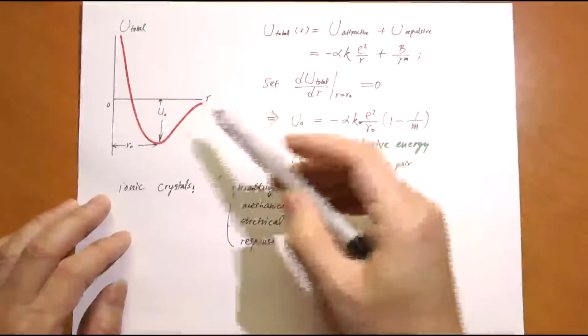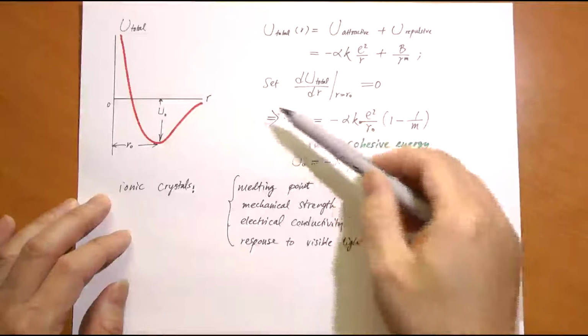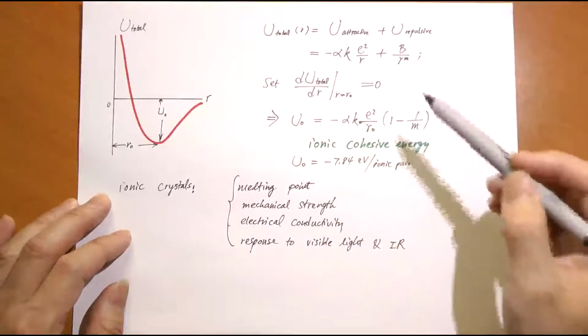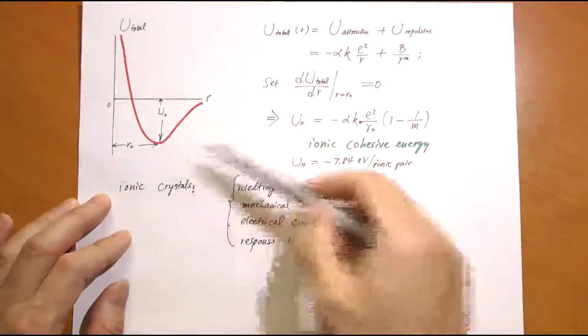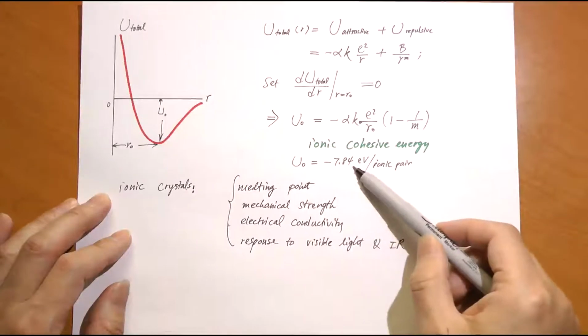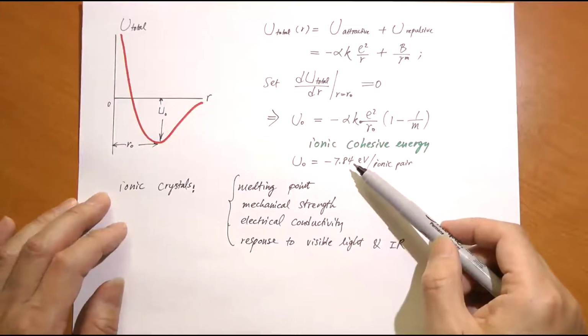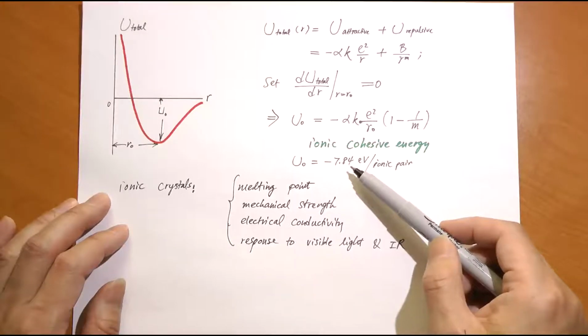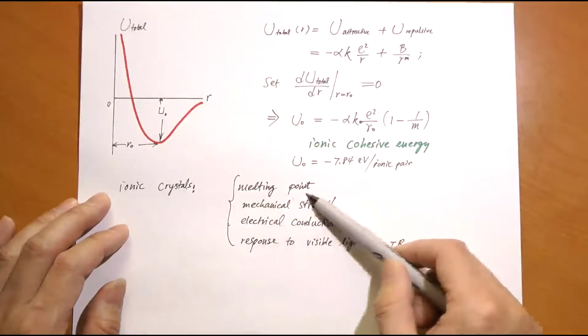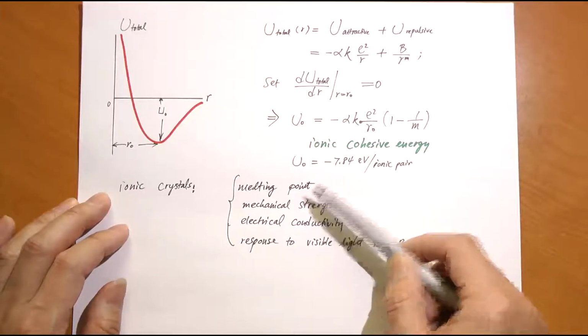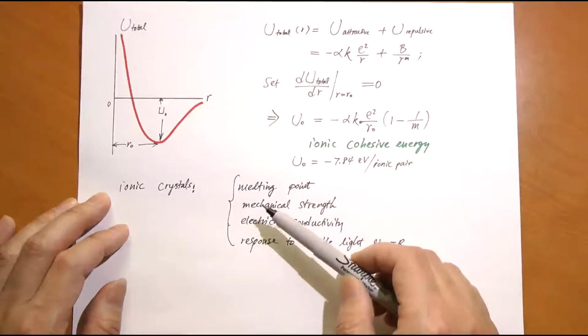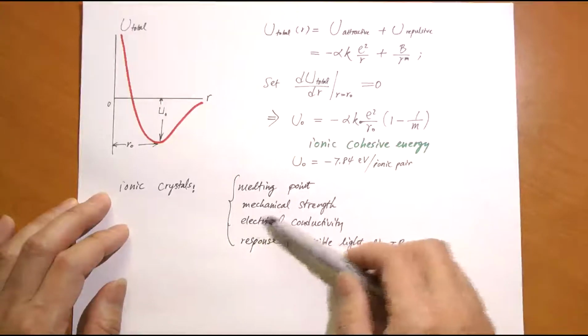Ionic crystals are pretty stable due to the large value of U naught. This is 7.84 eV. That's quite large. It usually forms a pretty stable and strong solid. That's why the melting point is generally pretty high, a few hundred degrees. It also has relatively high mechanical strength.